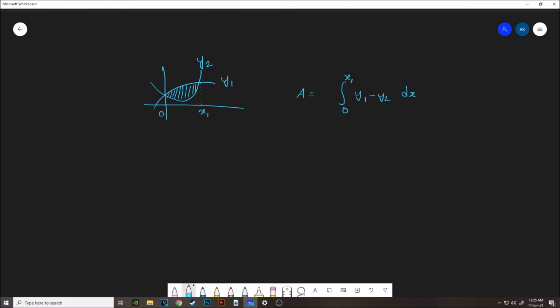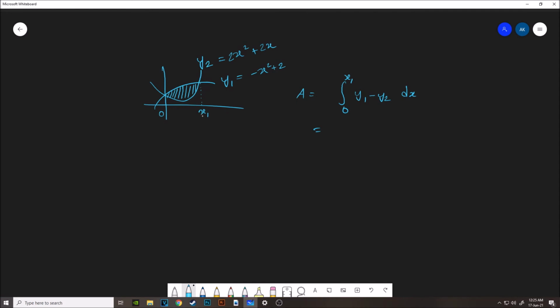So you will have equations for y1 and y2, and after putting those equations in, you can work out the area. For example, if your y1 is minus x square plus 2 and y2 is 2x square plus 2x. These are not accurate sketches, I'm just showing you how to put the equations.